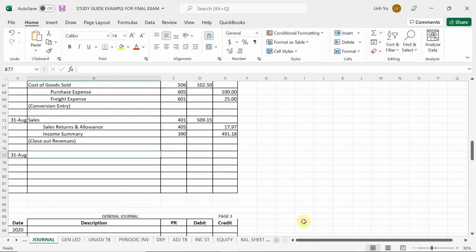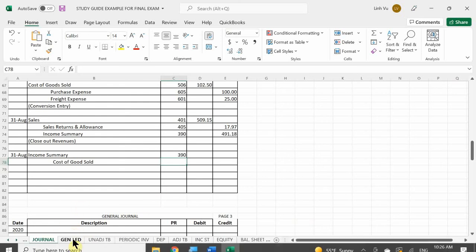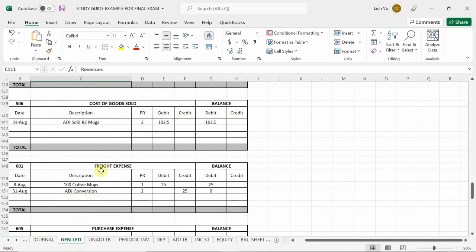We're going to be debiting the income summary, and we're going to credit each expense account, starting with the cost of goods sold. Account number, let's see. So general ledger, starting with the cost of goods sold, we're going to zero out 102.50. Okay, account number 506.